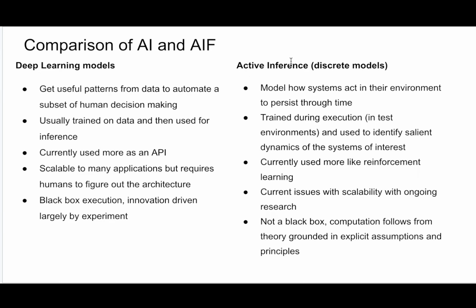On the other hand, active inference is probably slightly more grounded in first principles, particularly because it's mostly derived from the free energy principle. So the word principle is already there in the title. And they are not a black box in the sense that probabilistic beliefs are explicitly encoded within the generative models.